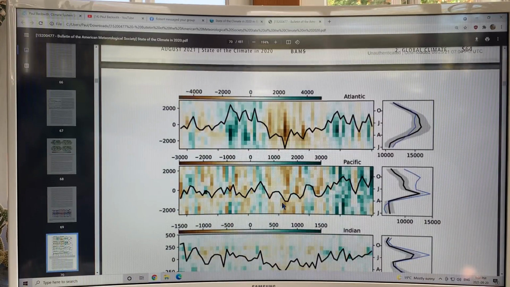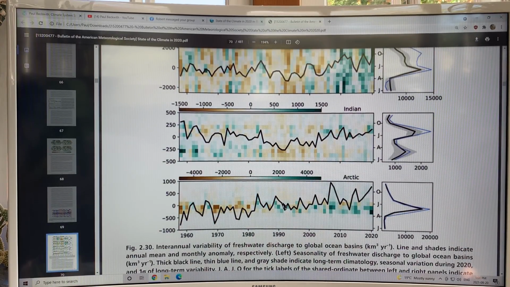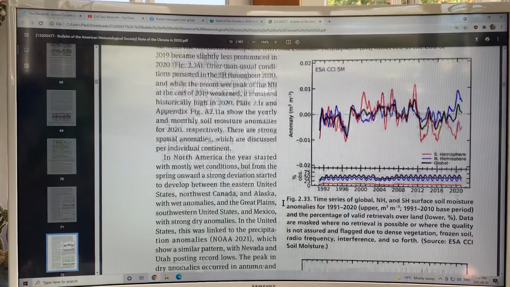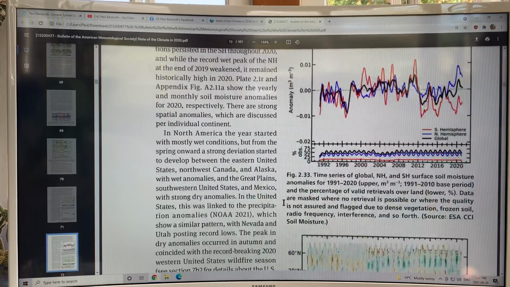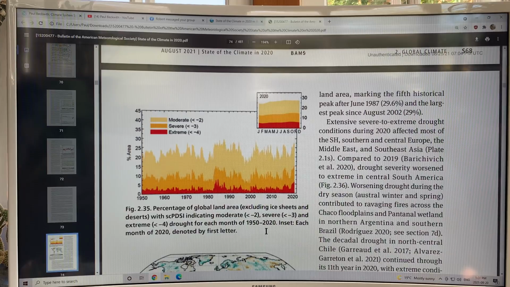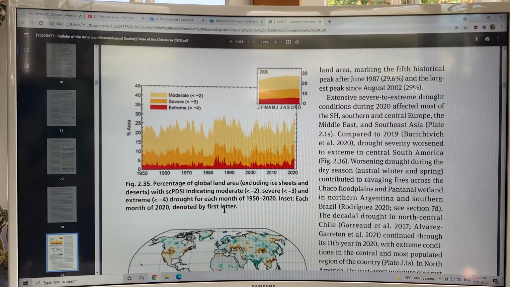Indian Ocean Index, I'll just keep going. I won't talk about everything here. Terrestrial water storage, soil moisture, drop off here, increase, but there's a lot of fluctuation depending on the rainfall, etc. This is the percentage of global land area with drought, moderate drought, the lightest color, severe drought and extreme drought.